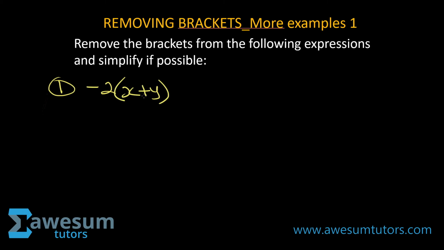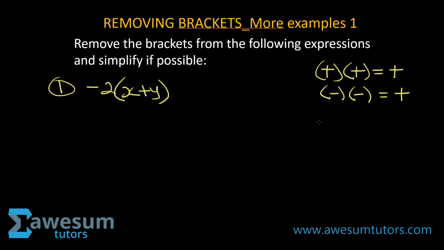Remember, in our last class we discussed that when we multiply like signs, positive times positive is going to give us positive. Negative times negative is going to give us positive, right?